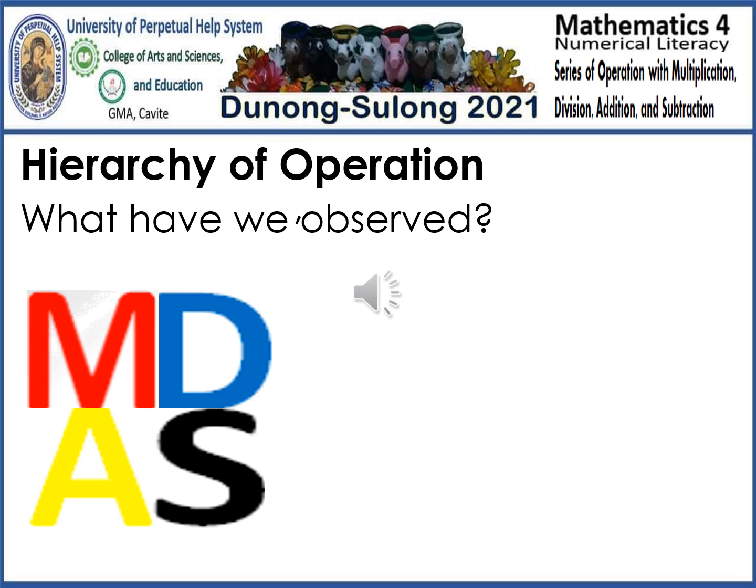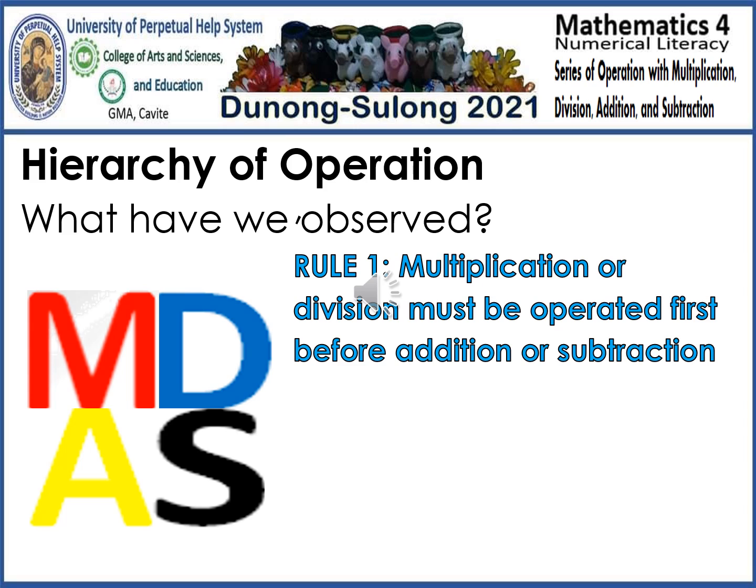In the first example of the series of operation or the hierarchy of operation, what have you observed? Our first observation is rule 1: the multiplication or division must be operated first before addition or subtraction.